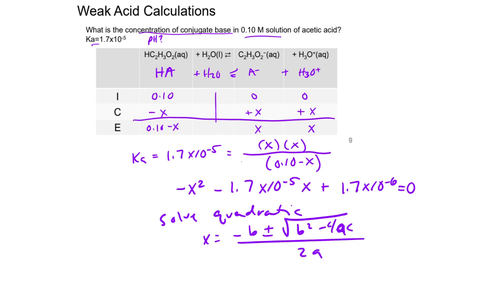Okay, so we could solve the quadratic here. If you don't recall, solving for x with the quadratic, we use minus b plus or minus the square root of b squared minus 4ac divided by 2a, where a is the value that's in front of the x squared, b is what's in front of the x, and c is the other piece.